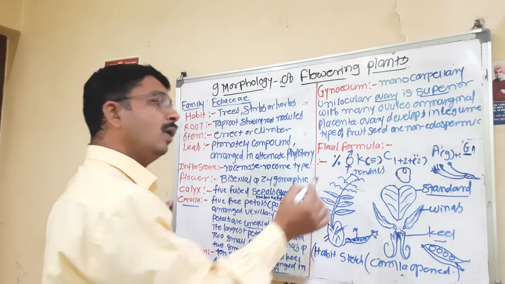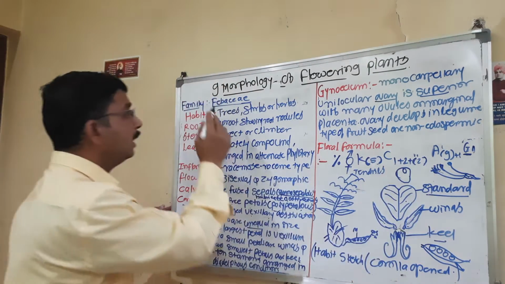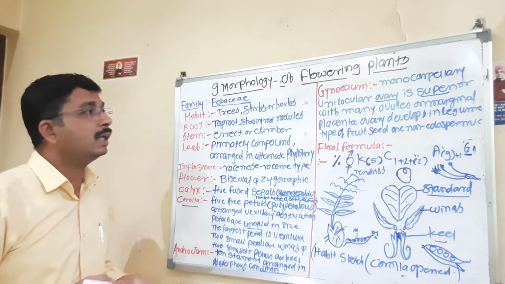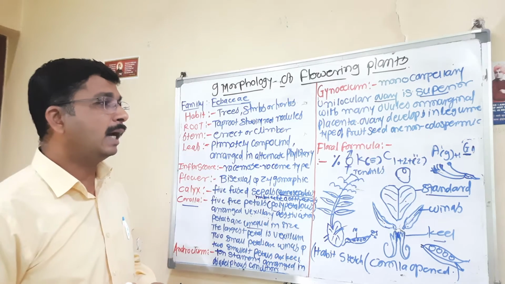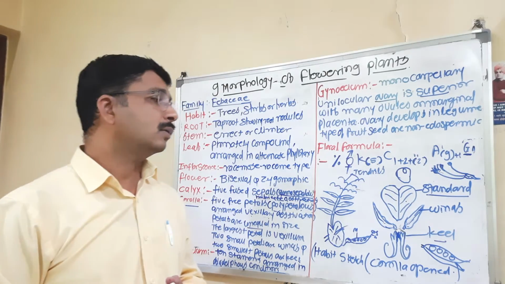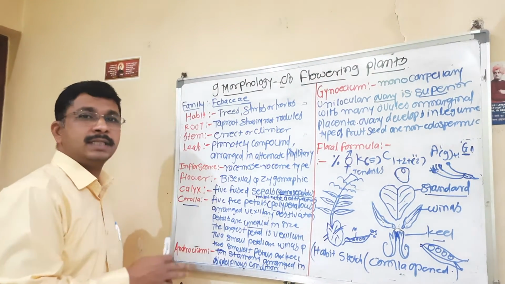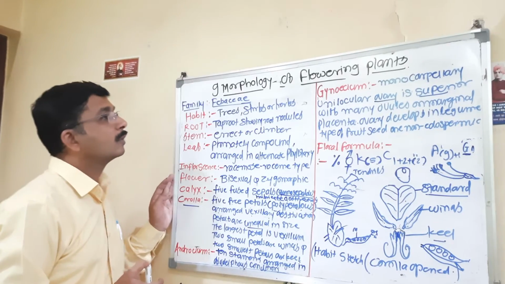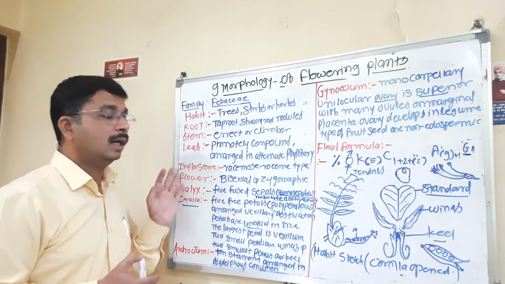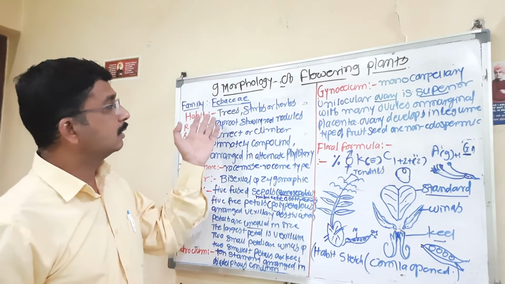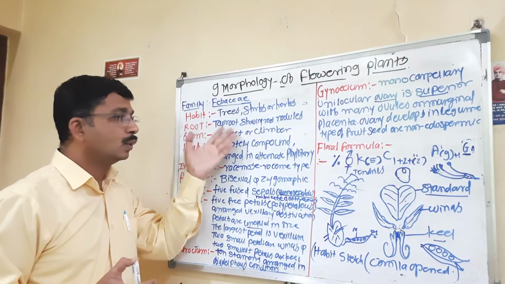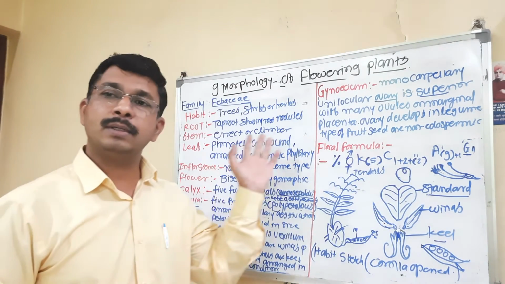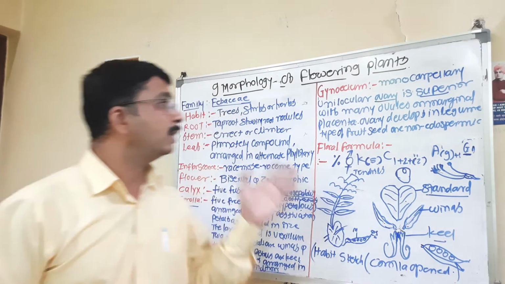This is the floral formula of the family Fabaceae. This is all about the family Fabaceae, and now we know all its characters. There is nothing more to discuss about this family, so we covered all the things of family Fabaceae.